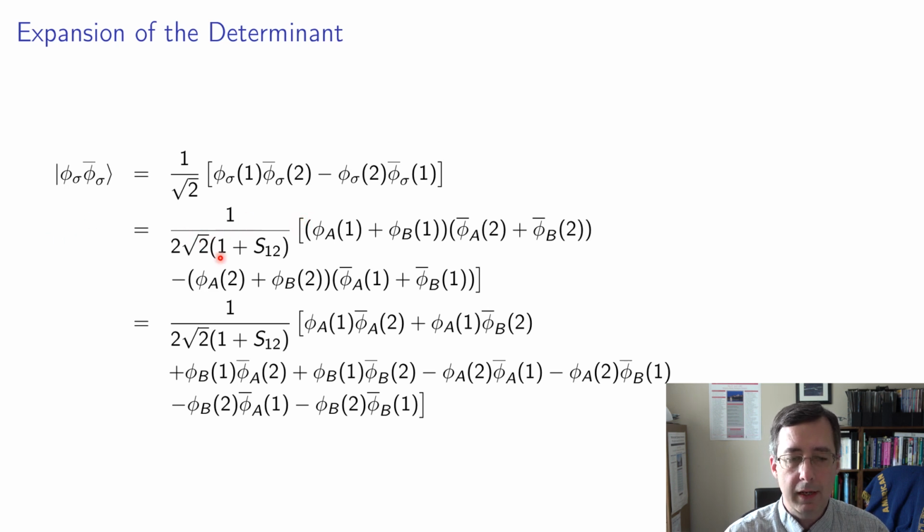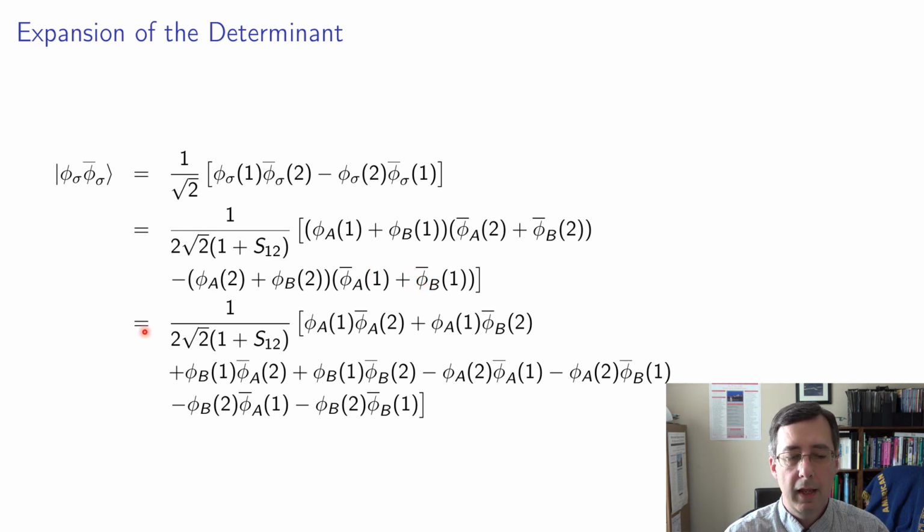Well, I get my normalization factors out front, and I get phi A plus phi B for electron 1, that's this guy, and then this one is phi A bar plus phi B bar for electron 2, and then I get a minus sign. And then I have the sigma orbital, the positive combination for electron 2, and then I have the sigma orbital positive combination for electron 1.